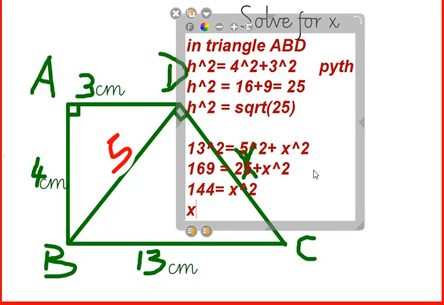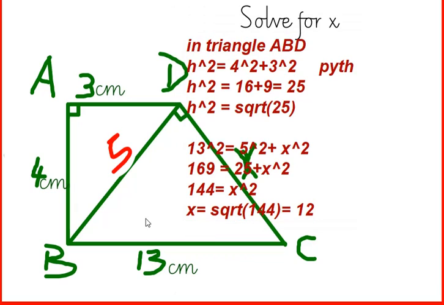If we take the square root, x is equal to the square root of 144, which is 12. And so that's our x. Can you see how we got it? We looked at where x is. x was at DC, line DC, and we asked ourselves, what do we need to get x? x is in a triangle that is a right angle triangle, right?